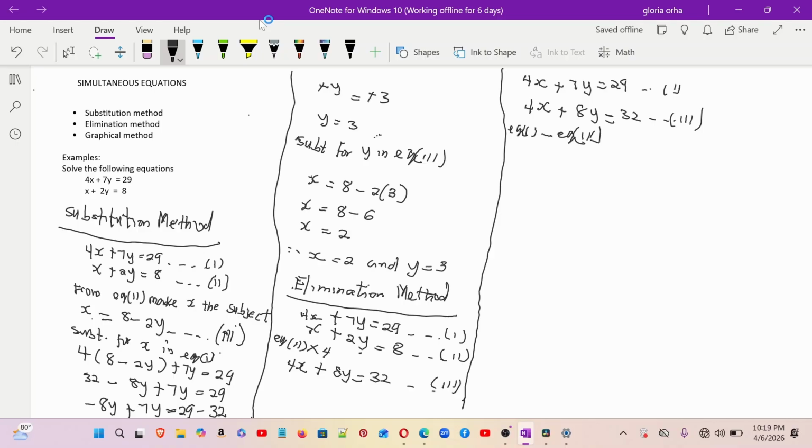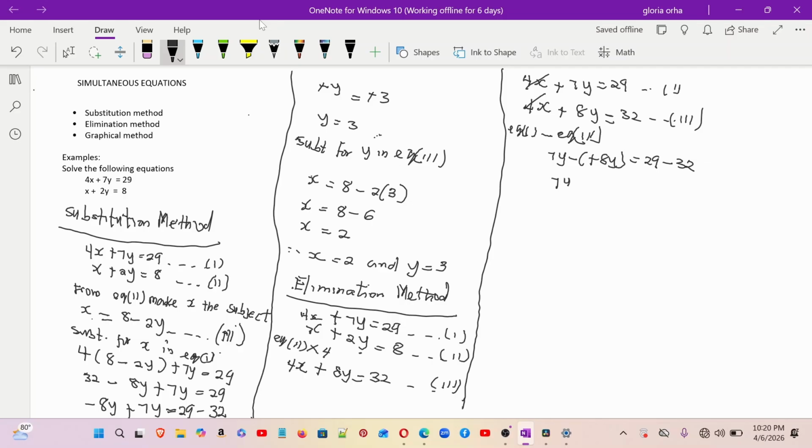So 4x minus 4x is nothing. We are left with 7y minus open bracket plus 8y close bracket equal to 29 minus 32. Let's first of all open the bracket. So minus times plus will give us what?